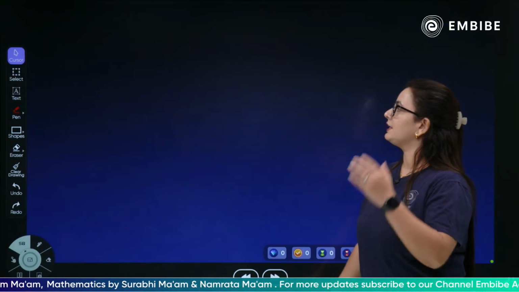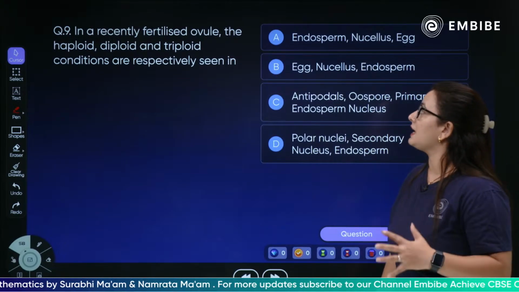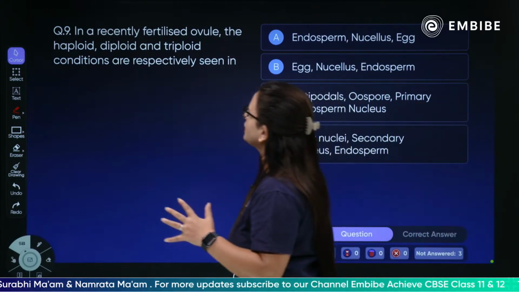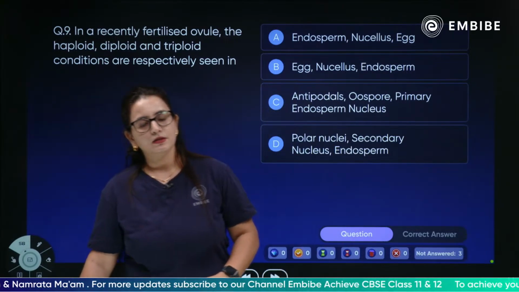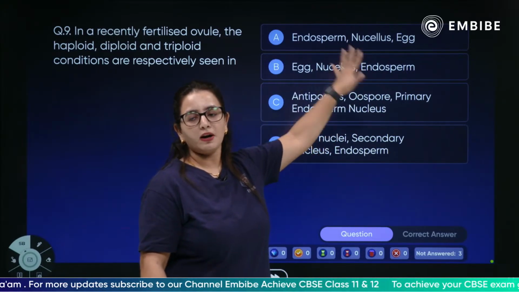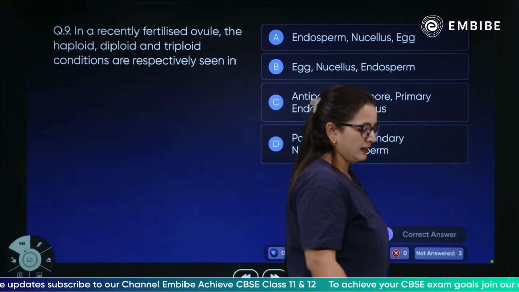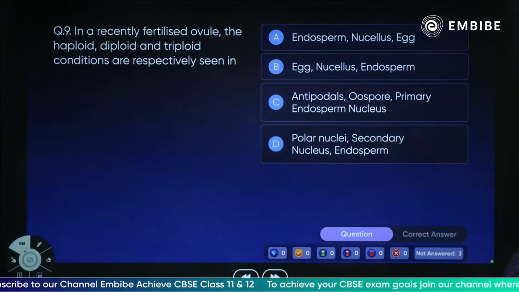Next question, children, related to this: in a recently fertilized ovule, the haploid, diploid, triploid conditions are respectively what? Haploidy, diploidy, triploidy.